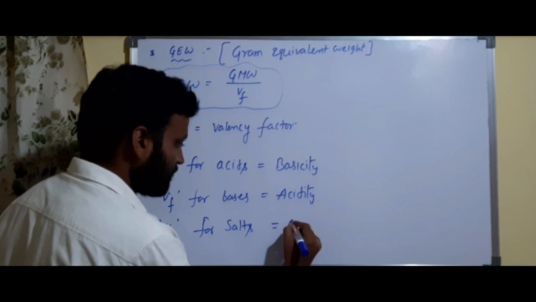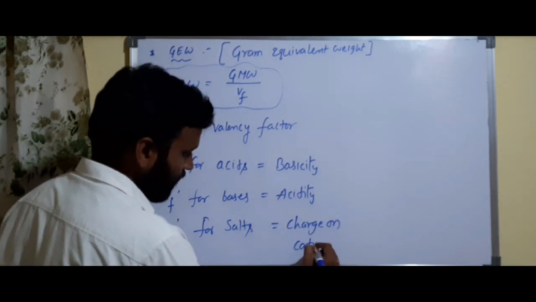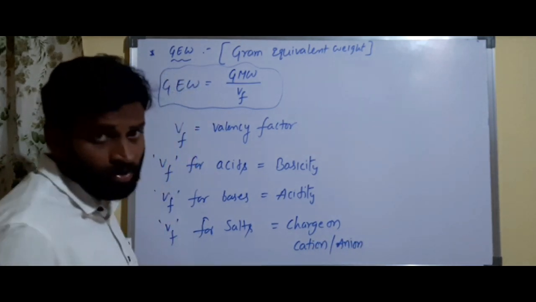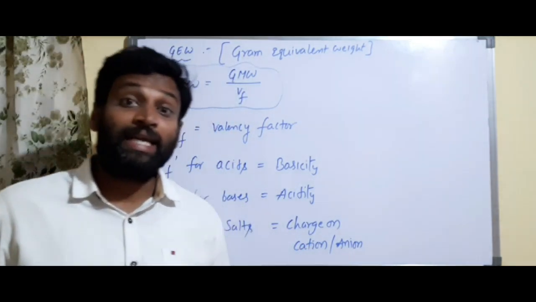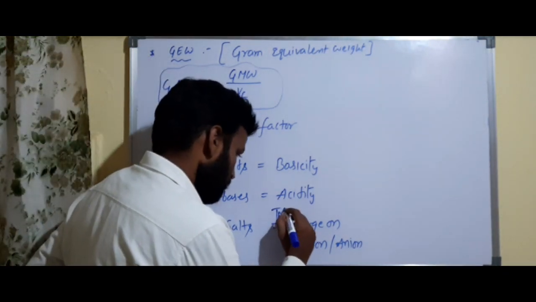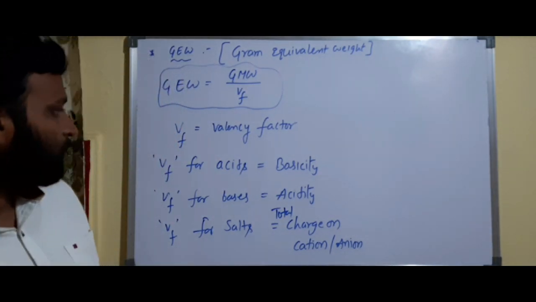For salts it is the charge on cation or anion. Cation means positive ion, anion means negative ion. The total charge on cation or anion you have to consider.